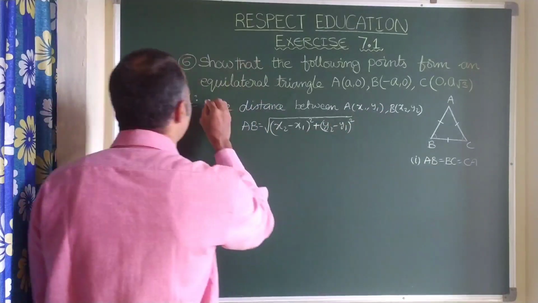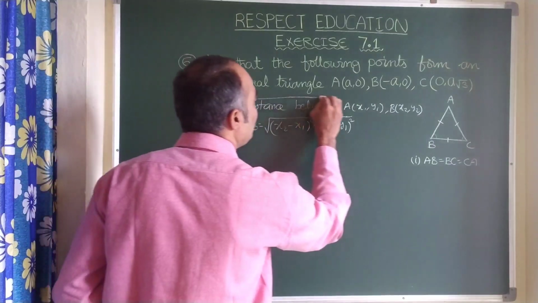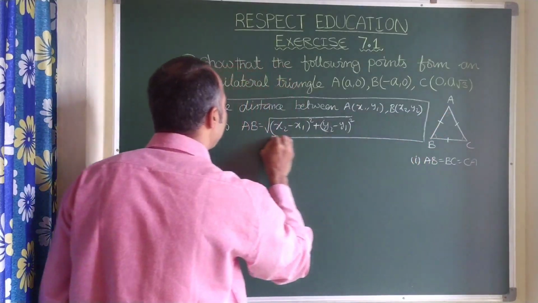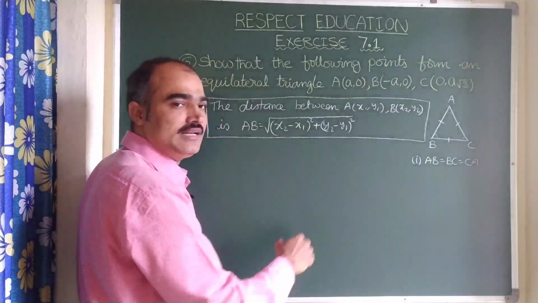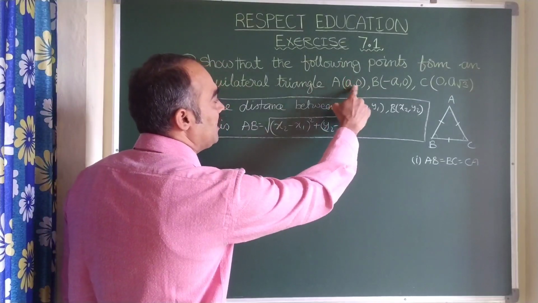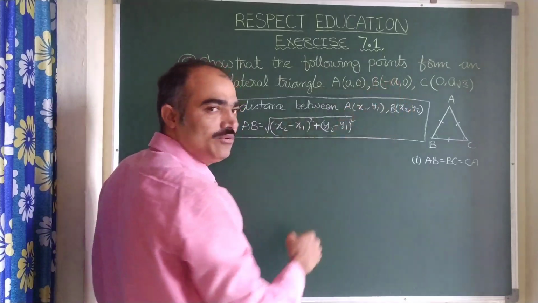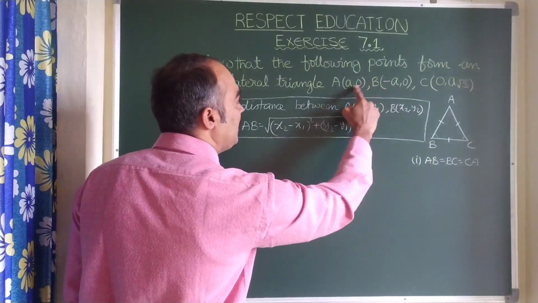Based on this formula we are going to solve this problem. Now let us consider A as (a, 0), B as (minus a, 0). So let us find the distance between A and B.